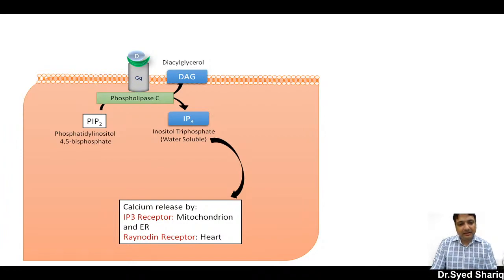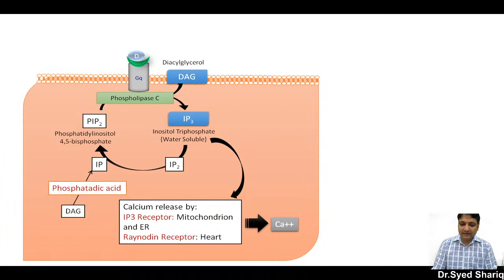So the basic thing is that as the drug binds to this Gq receptor, it will cause an increase in IP3 through phospholipase C, and this IP3 causes an increase in calcium with the help of the IP3 receptors. This calcium, which is stored in the mitochondria and endoplasmic reticulum, is released. It goes and binds to calmodulin.